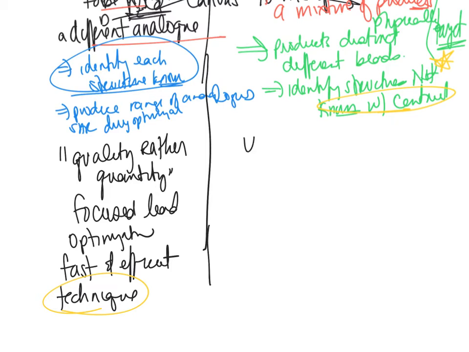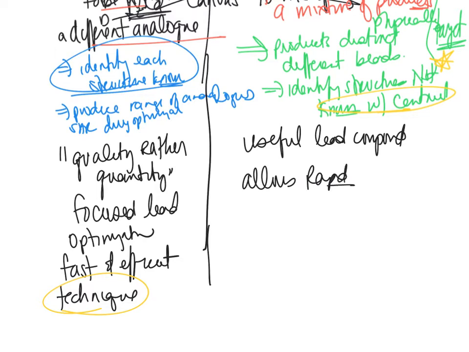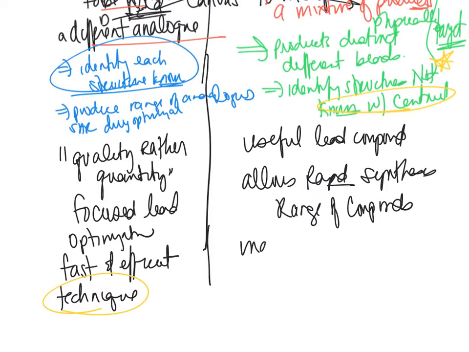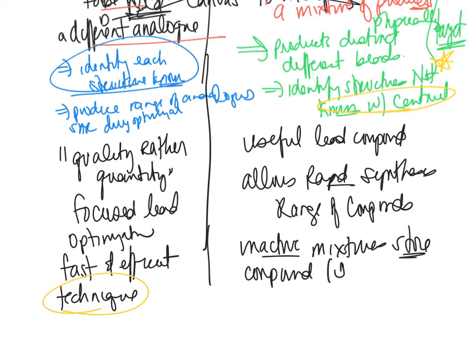Combinatorial chemistry is useful to find a lead compound. It allows for rapid synthesis of a range of compounds. Usually you'll have inactive mixtures, and you can store those in compound libraries. Then you can test those molecules in different therapeutic areas.